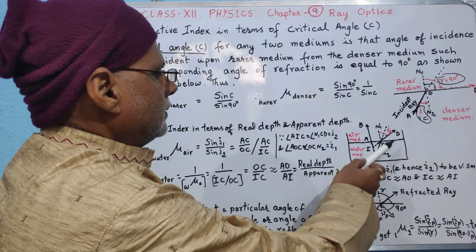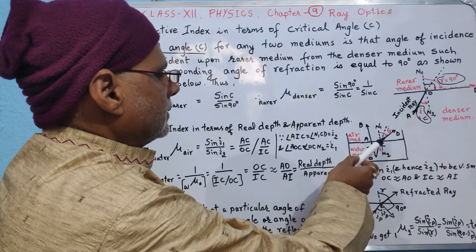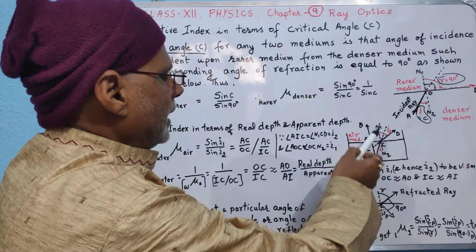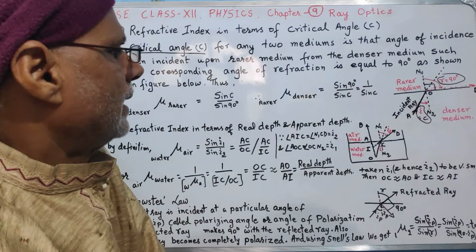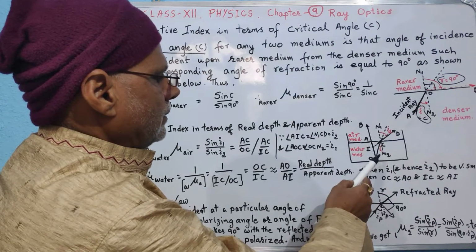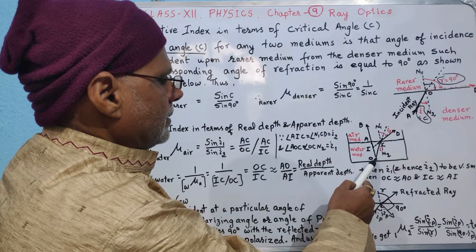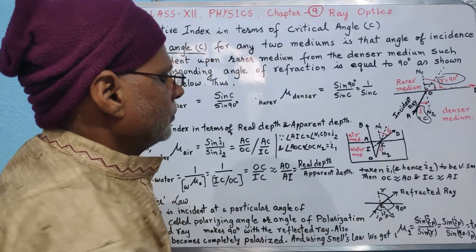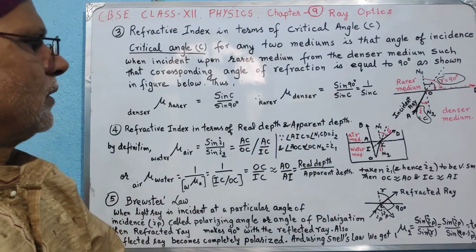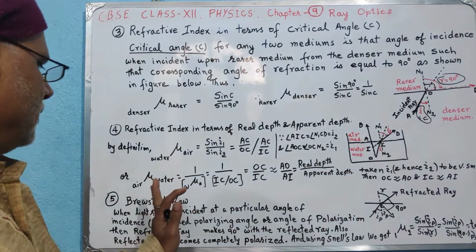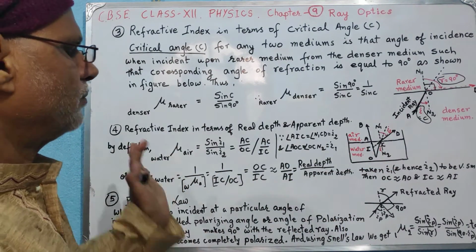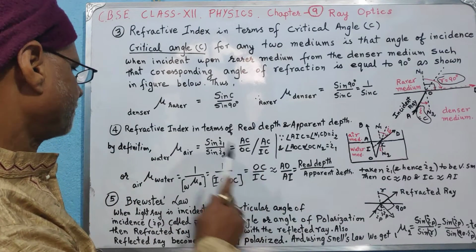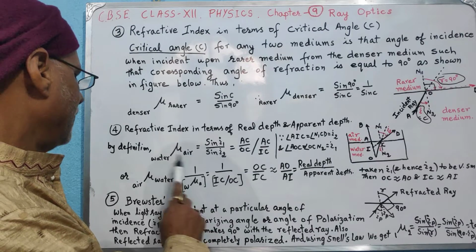The angle that CD makes with normal CN1, we take it as I2, and the angle that incident ray OC makes with normal CN2 we take it as I1. Now according to the basic definition from Snell's law, we can have refractive index of air with respect to water.